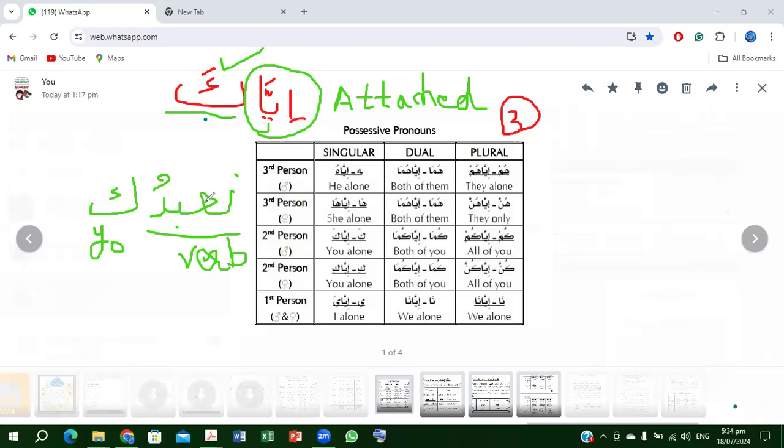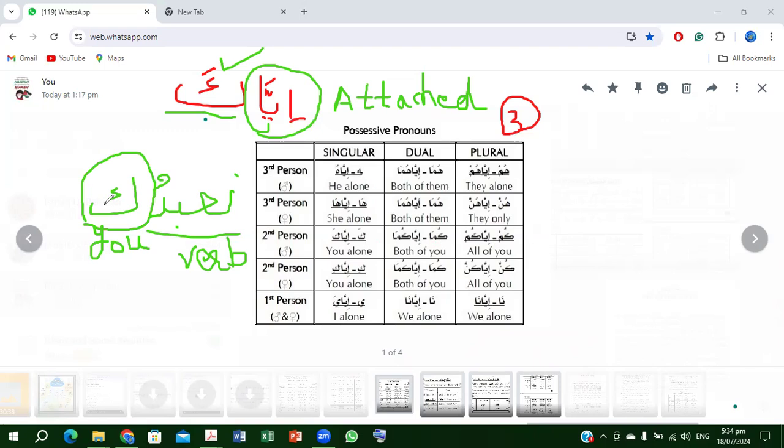Na'budu means we worship. Ka means you. We worship you, right? We are talking to Allah Subhanahu wa Ta'ala that we worship you, but we wanted to give more focus on you. We wanted you to be first. Our worship is not important, but who we worship is important, right?